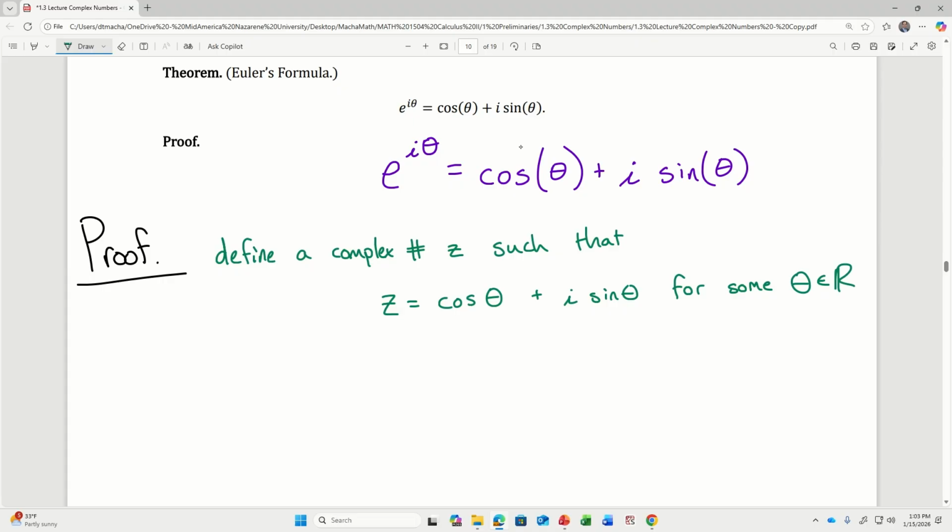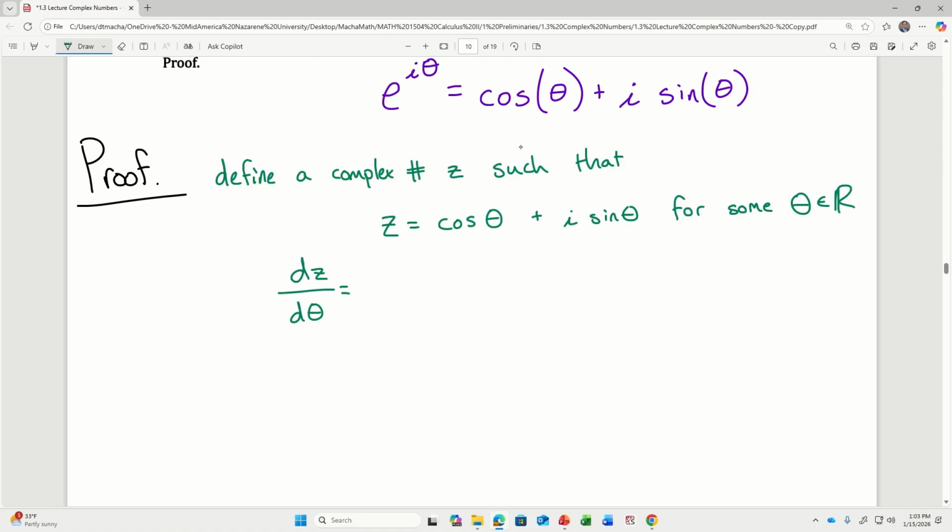So now we take the derivative. We're going to take the derivative of z with respect to theta.